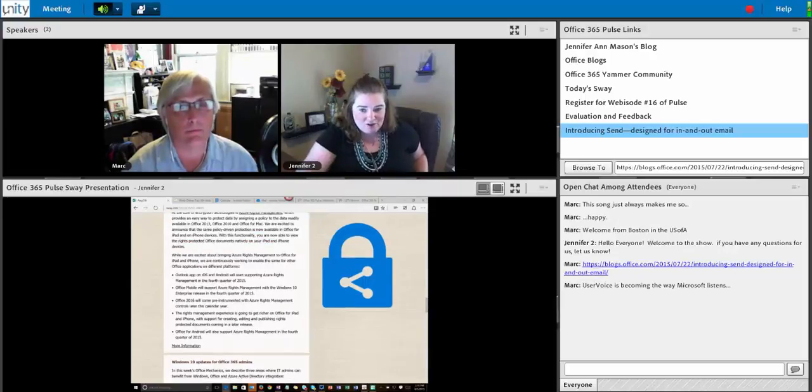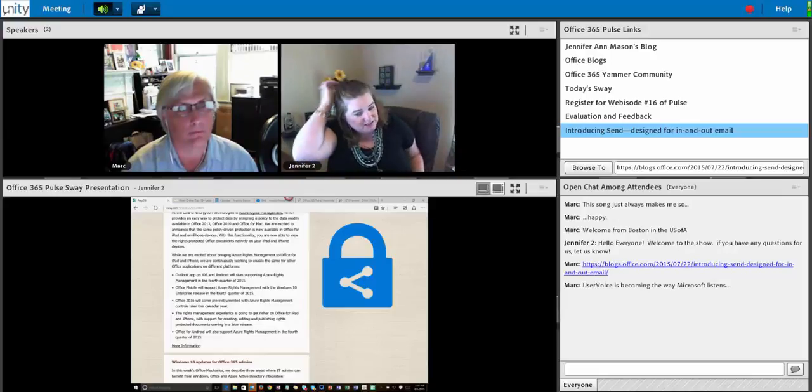What I loved about this article is that at the end, they gave the roadmap for a huge percentage of the rest of the Azure Rights Management stuff. For example, Office Mobile will support Azure Rights Management with the Windows 10 Enterprise release in the fourth quarter of 2015. So they put quantifiable dates around when other things are coming for Azure Rights Management.